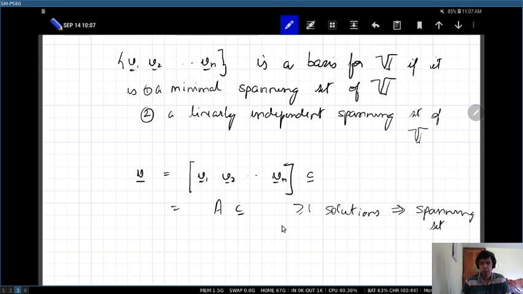So what about a minimal spanning set? For a basis, the set of vectors should also be linearly independent, right? So in general, suppose that A is an m by n matrix, then for this to have at least one solution, m should be less than or equal to n, right? If m is larger than n, then there will always be vectors v which cannot be written as a linear combination of the columns.